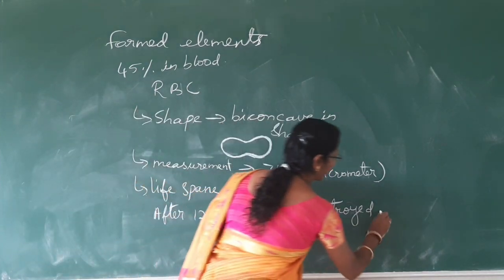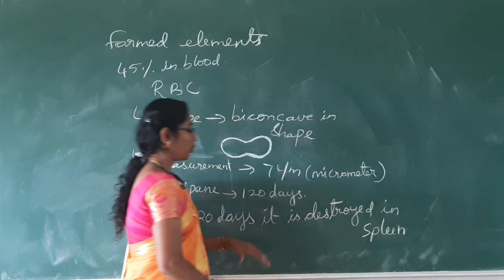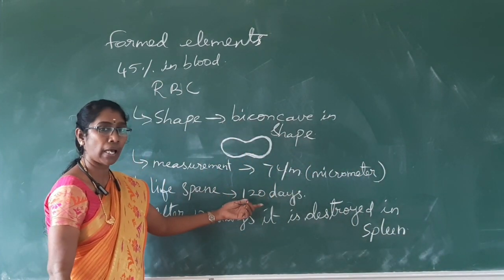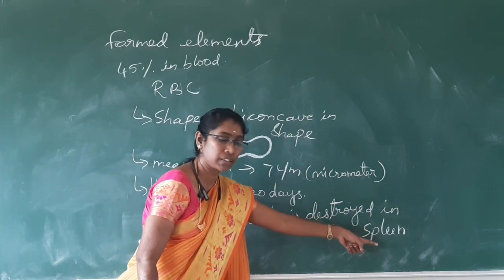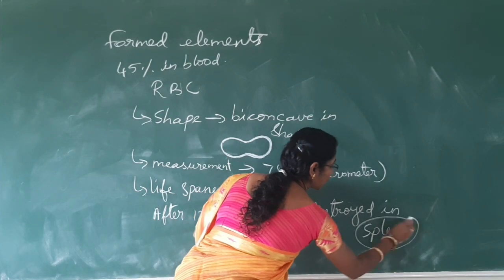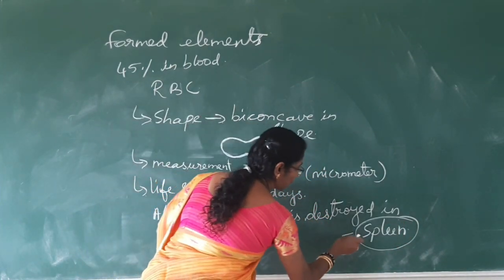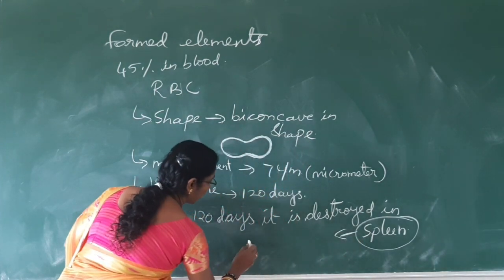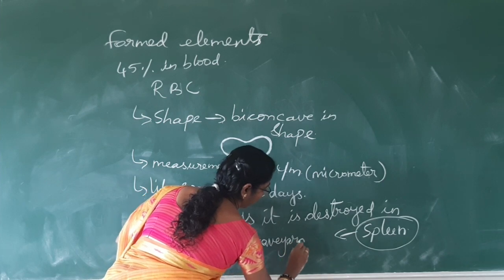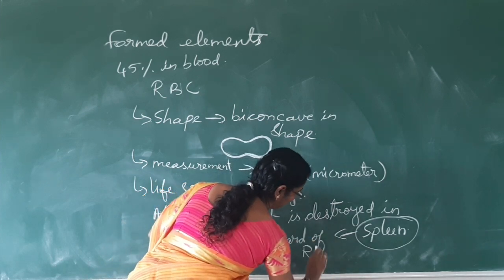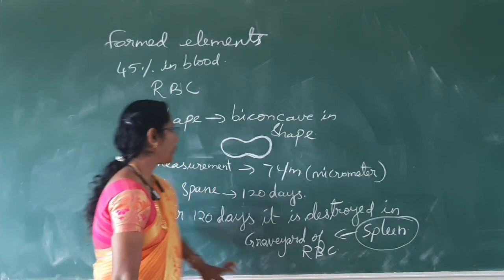It will be destroyed in the spleen. So the spleen is called the graveyard of RBC. Spleen is called a graveyard of RBC.